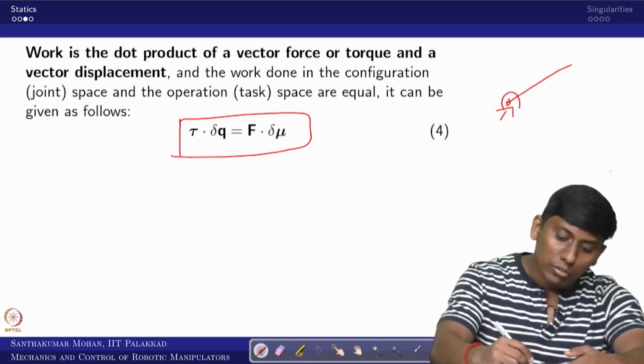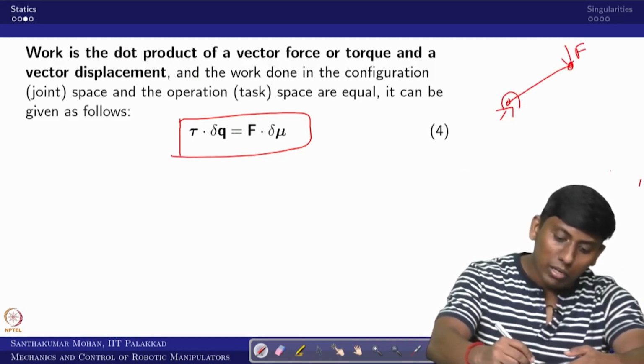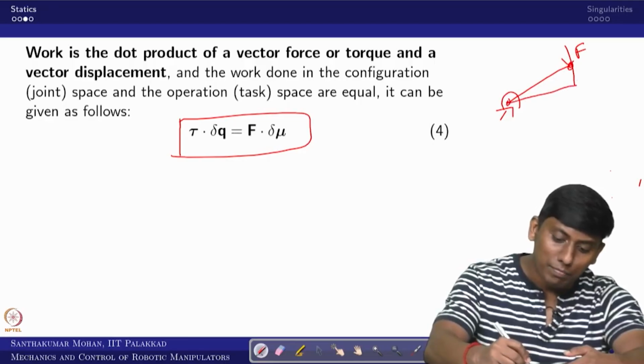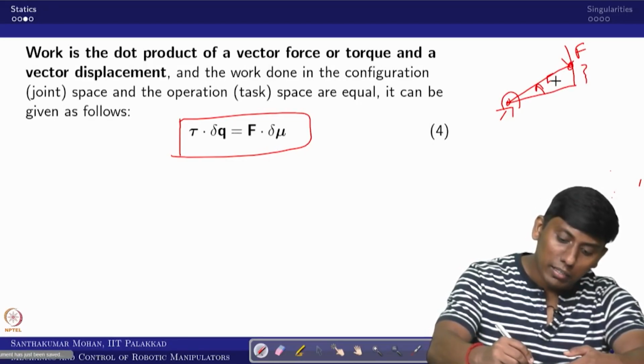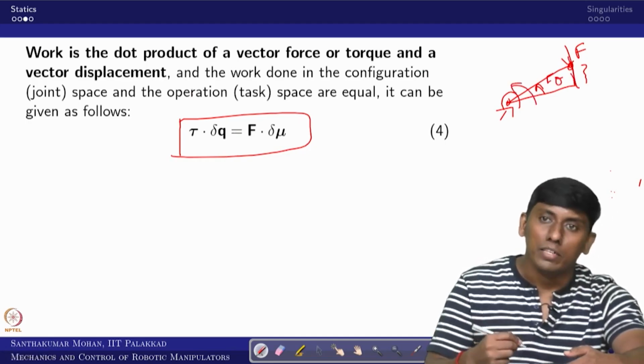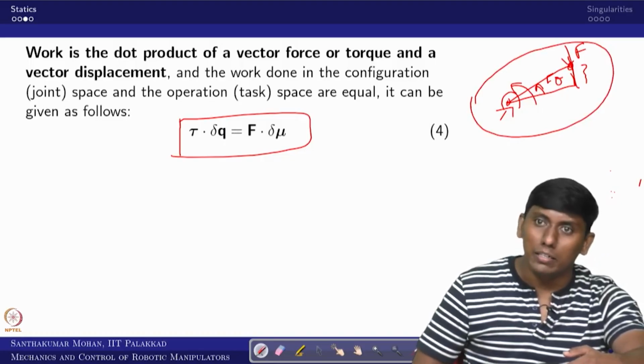This is a simple pendulum, and I am putting a force here. How much this force is displaced corresponds to the displacement on the input side. In the sense, the total virtual work done is 0.